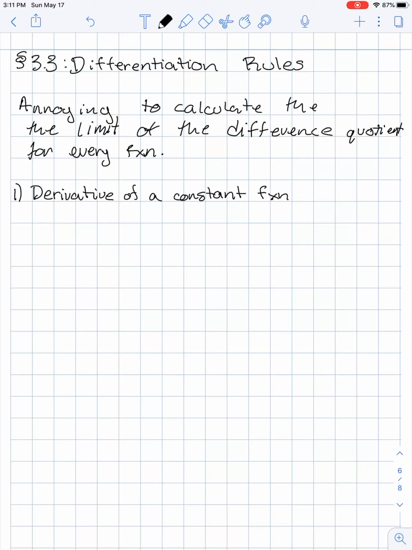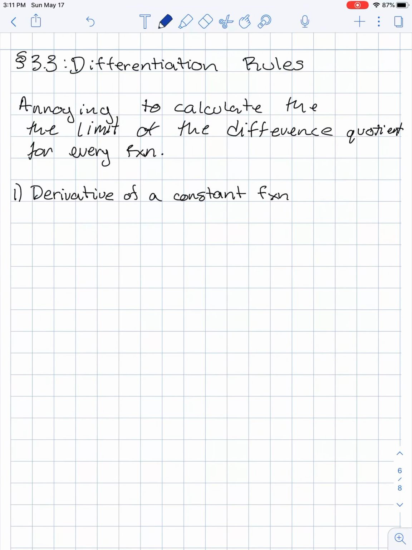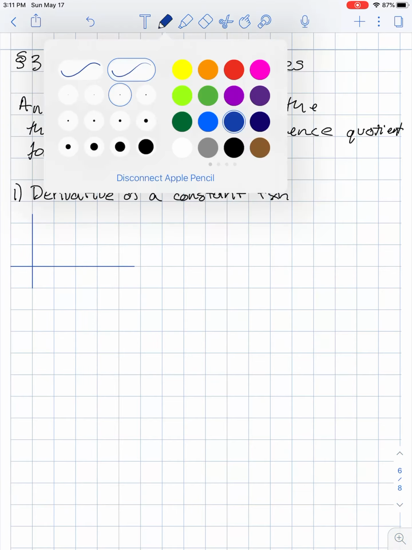So it's easier to just have that cheat sheet with you and ingrain these rules in your mind so they become second nature. So the derivative of a constant function, some of these graphs are pretty easy to see what the derivative is going to look like.